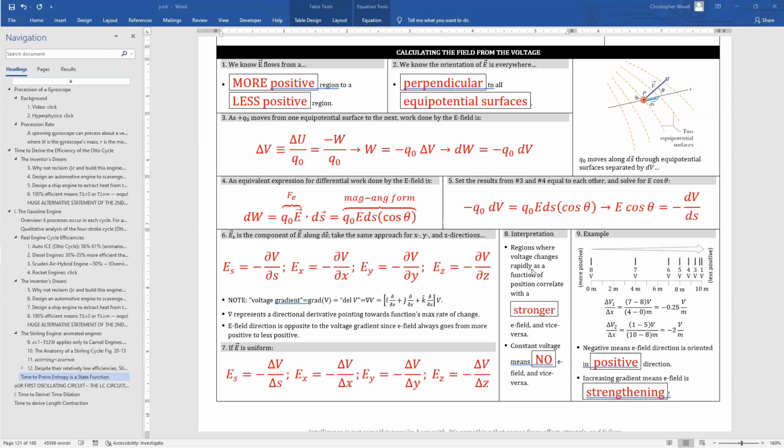So I can say that according to this relationship between voltage and electric field, the electric field in the x dimension is equal to negative partial derivative of V for voltage over partial derivative of x.